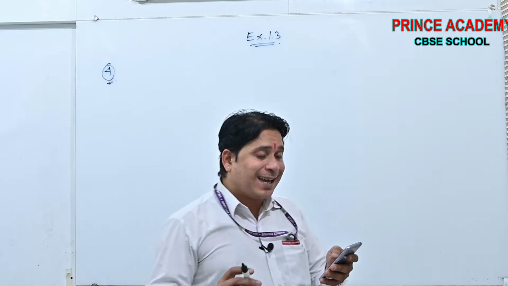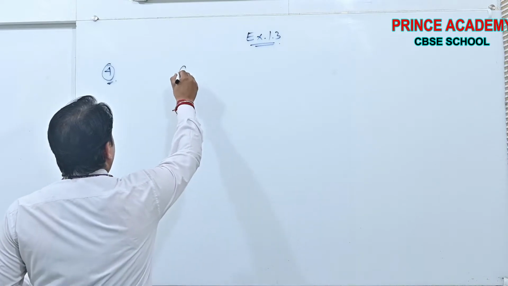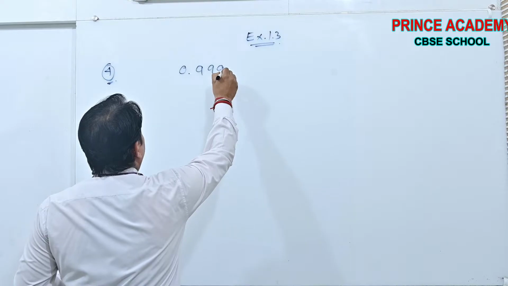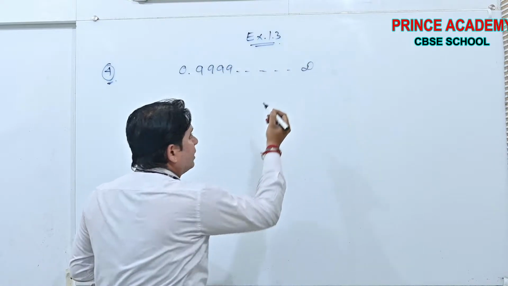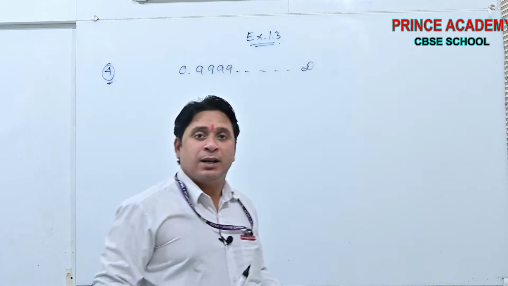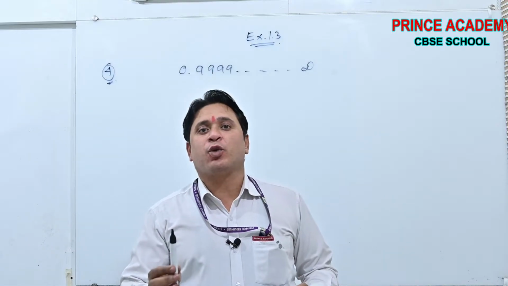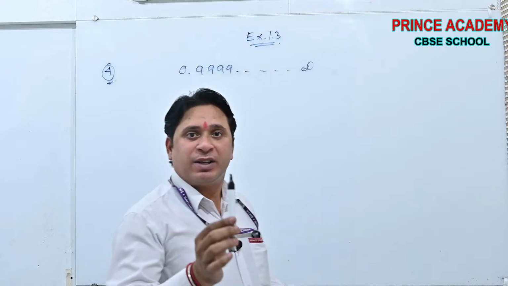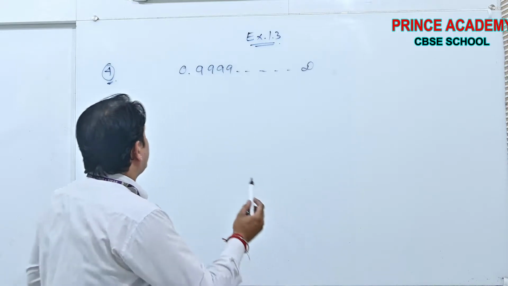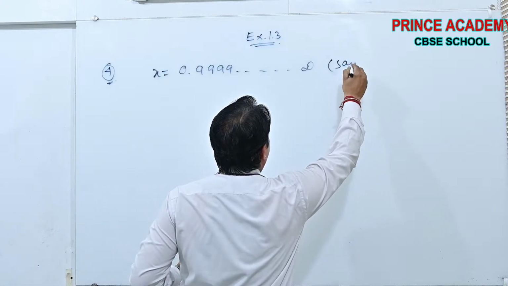See, exercise 1.3 question number 4. See beta, here 0.9999 up to infinity is given, and we have to express this in p by q form, and comment on the output. See, without any delay, I can consider it x.